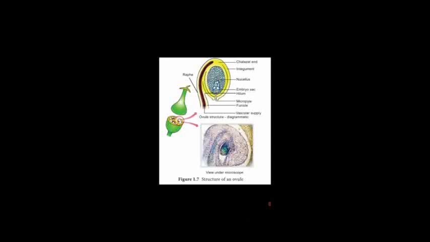So dear students, that is the structure of the ovule. Under the microscope, we can see the view like this. It's given in the second diagram. This one only you have seen in the 10th standard practical examination under the microscope.